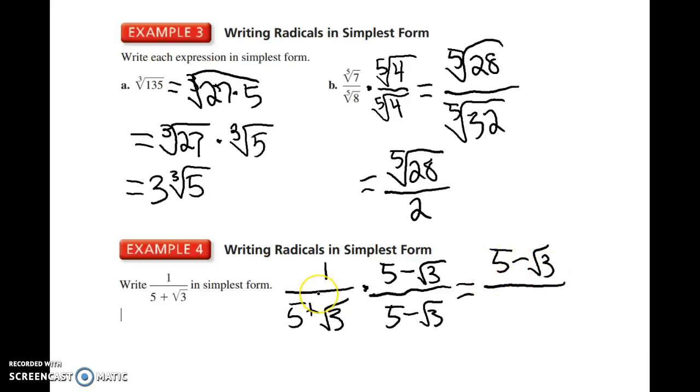And then you would have to FOIL for this bottom part. And the middle term cancels out. So I would get 25 minus 5 root 3 plus 5 root 3 cancels. And then minus square root of 3 times square root of 3 is just 3.